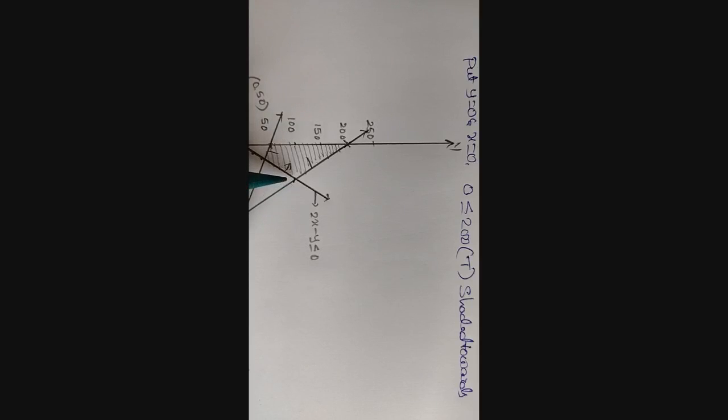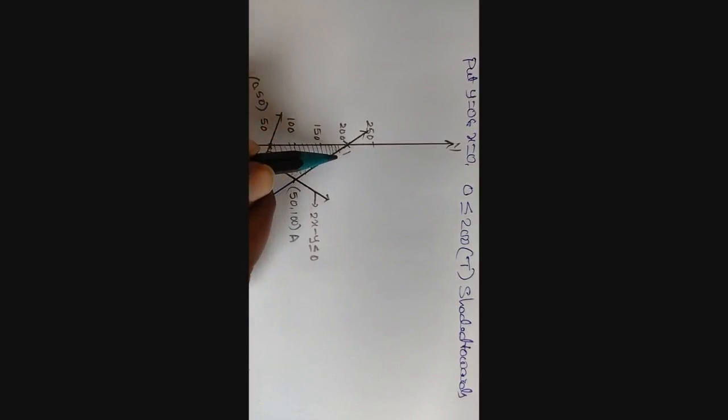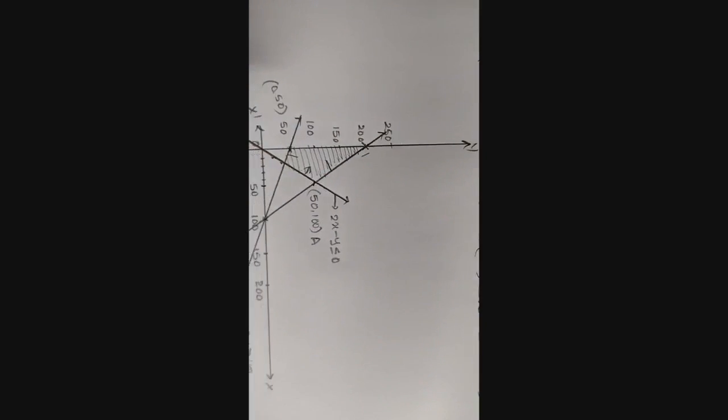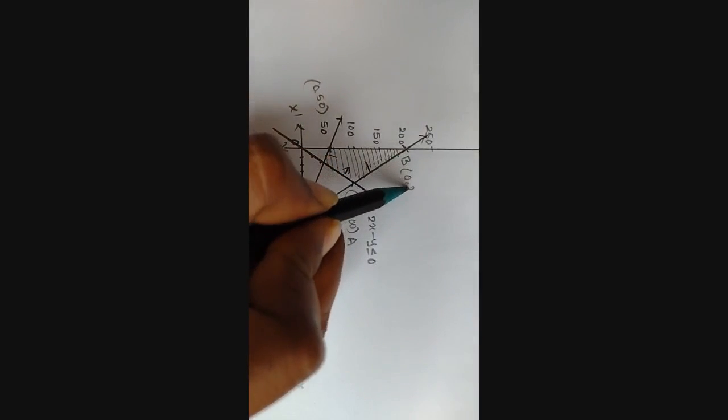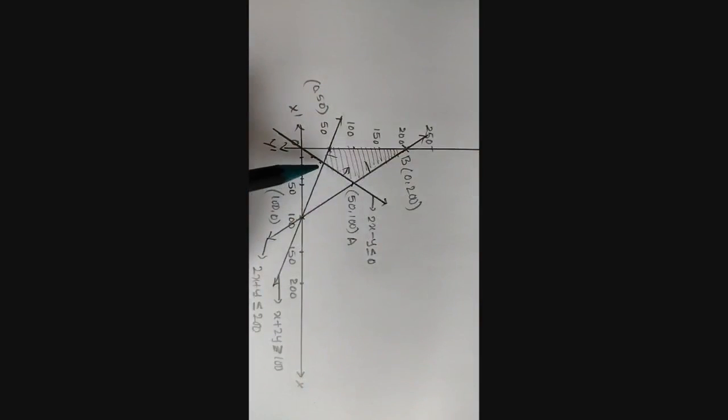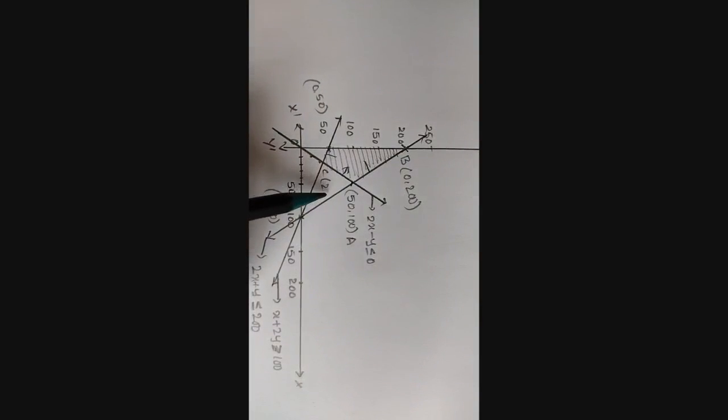This point is called 50 comma 100. Call it the point A, and the point B is 0 comma 200, C is 20 comma 40, and D is 0 comma 50.